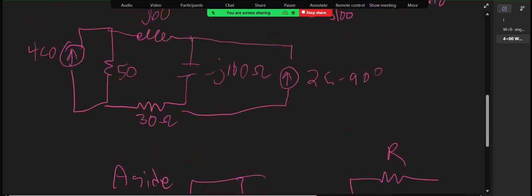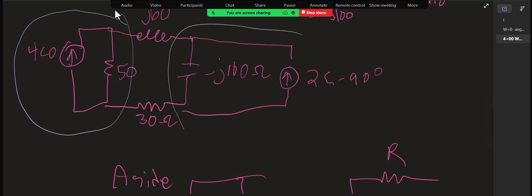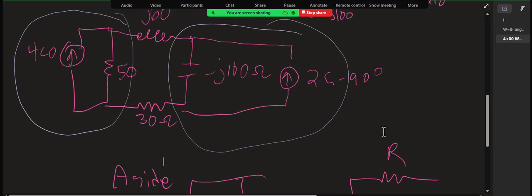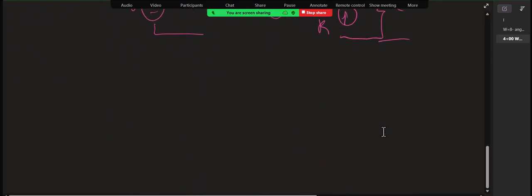So if we look at our circuit here, we see that we have a current source and a resistor in parallel here, and a current source and a resistor in parallel there. So we can do a source transformation to change both of those to a voltage source and a resistor in series, and then we get a circuit that is all in series, which is nice.